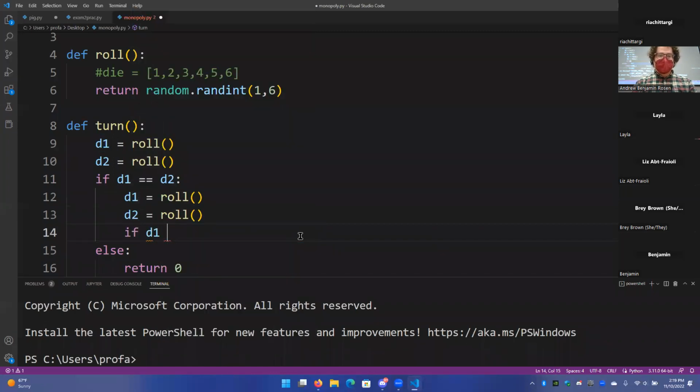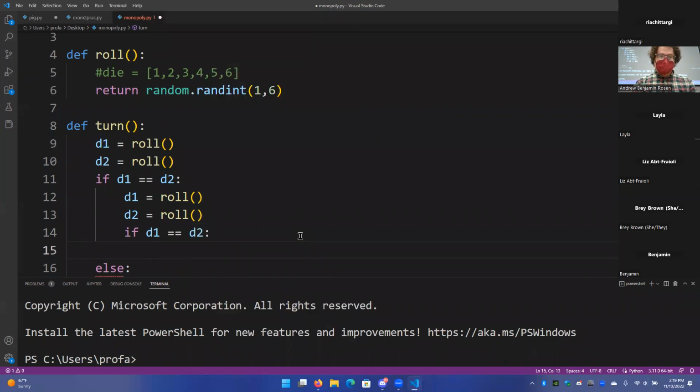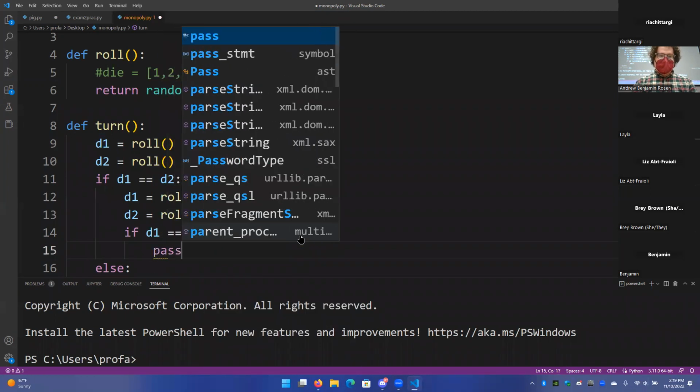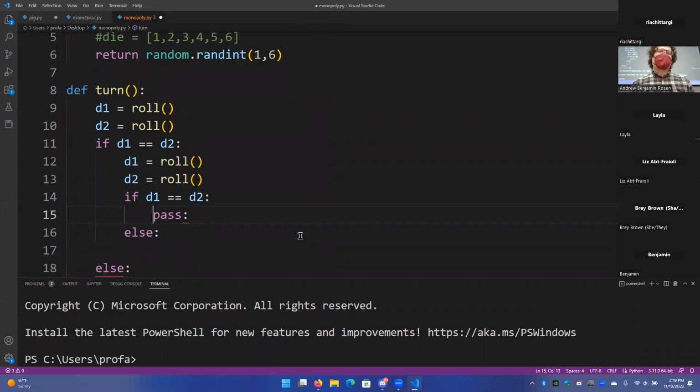If D1 equals D2. And I'll pass again, because if they don't match, well, then this says I rolled 2 values that were the same, but when I rolled again, I didn't get the same, so I rolled 1 double. Otherwise, I rolled 2 doubles.